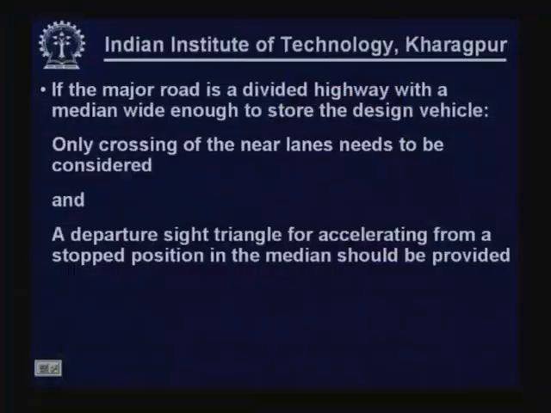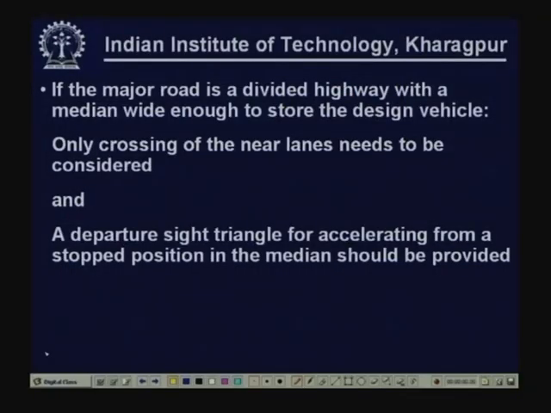If it is a divided road and median width is sufficient to store the design vehicle, then only crossing of the near lanes needs to be considered, because far lane crossing need not be taken into consideration along with near lanes, as the design vehicle can stop using the wide median, which can accommodate the design vehicle.